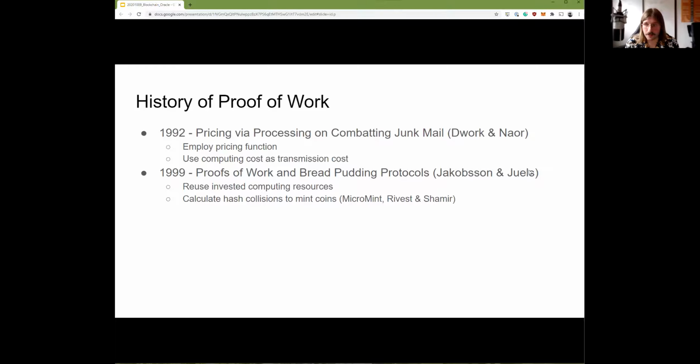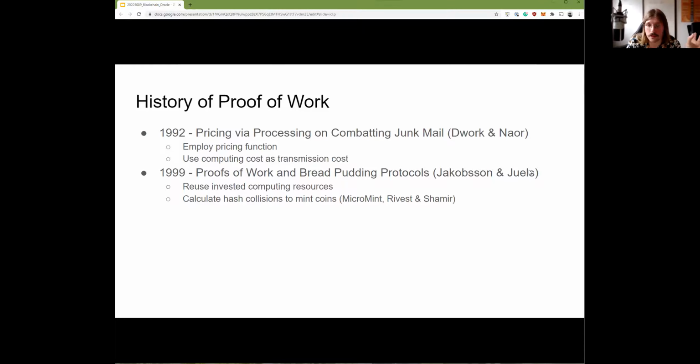And the idea is with regards to spam mail, junk mail, which was already a problem in the 90s. It was envisioning a system for paying resource usage costs for something that is basically a free resource. So sending emails is more or less free. That's why we have the problem with spam, because no one is paying for sending the spam.